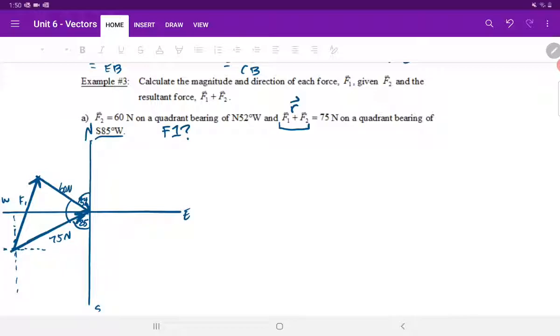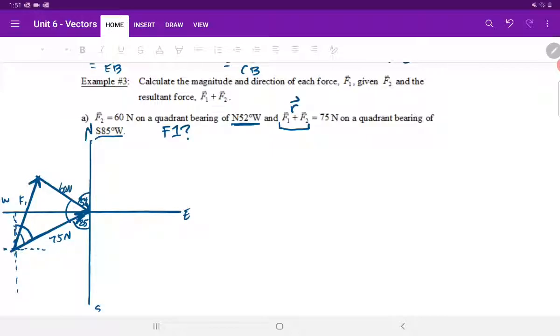So first we're going to have to find this angle, of course, but the angle we're going to report starts on the north line because we'll keep it as a quadrant bearing, just because here they've given us quadrant bearings. So we need a game plan here.